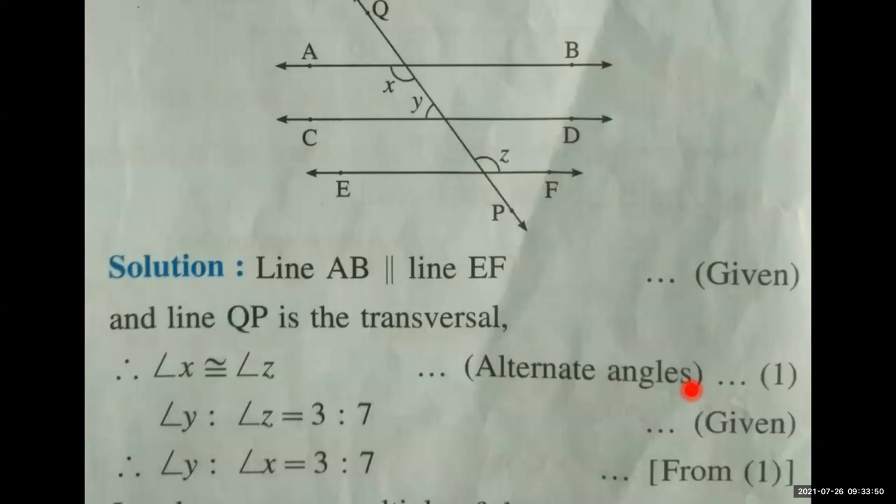Now the ratio for angle Y and angle Z is given as 3:7.